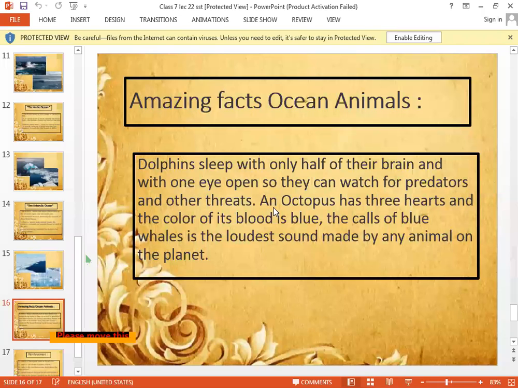So जो octopus हैं, an octopus has 3 hearts and the color of its blood is blue. It is very interesting thing.